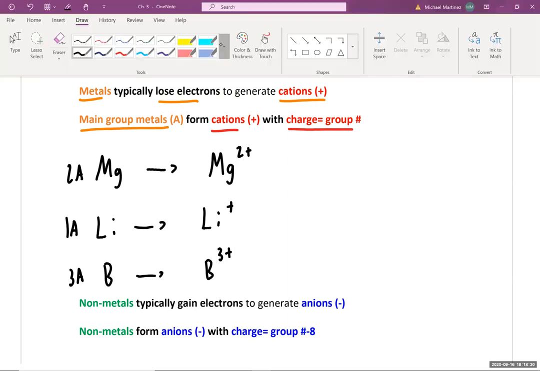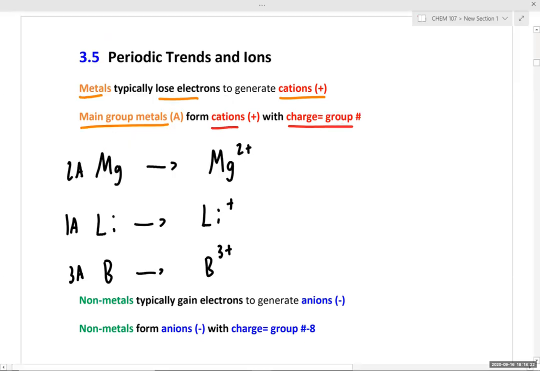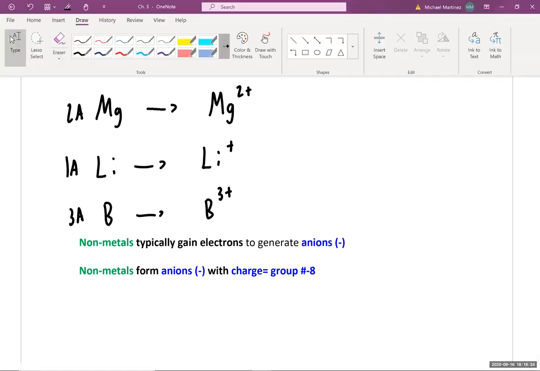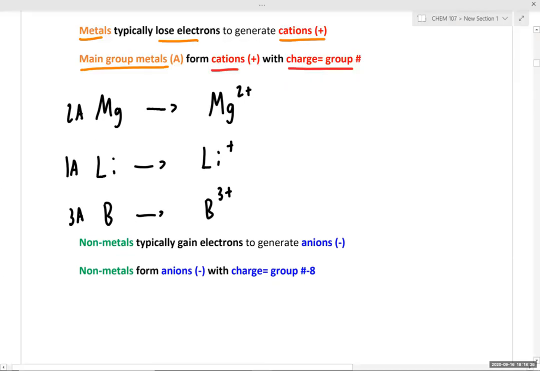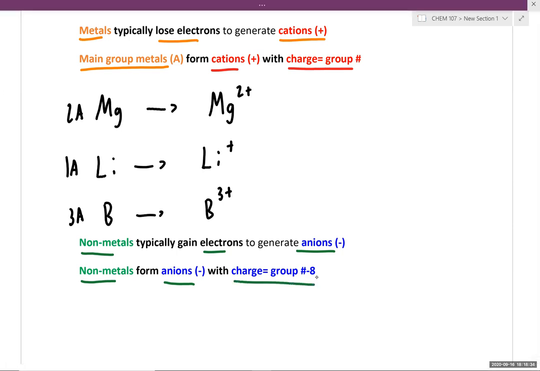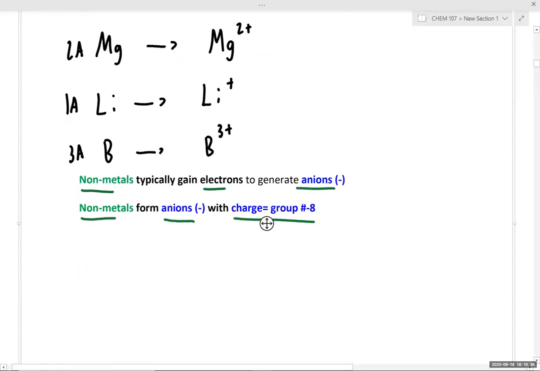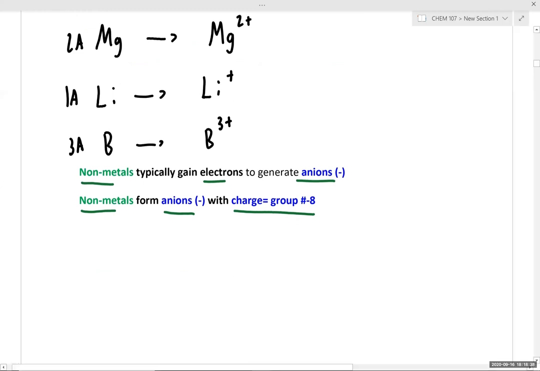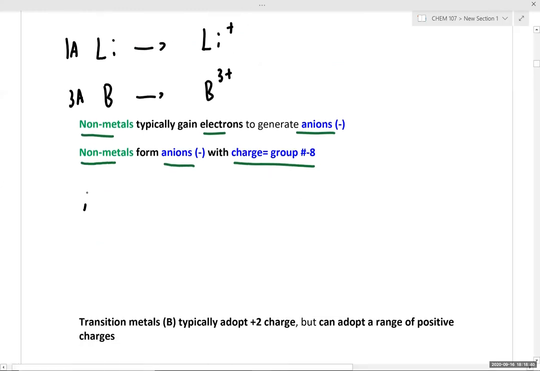Let's look at our non-metals now. Non-metals prefer to gain electrons to make anions, and non-metals form anions with a charge equal to the group number minus 8. So for example, nitrogen, which is a 5A element, 5 minus 8 gives us -3.